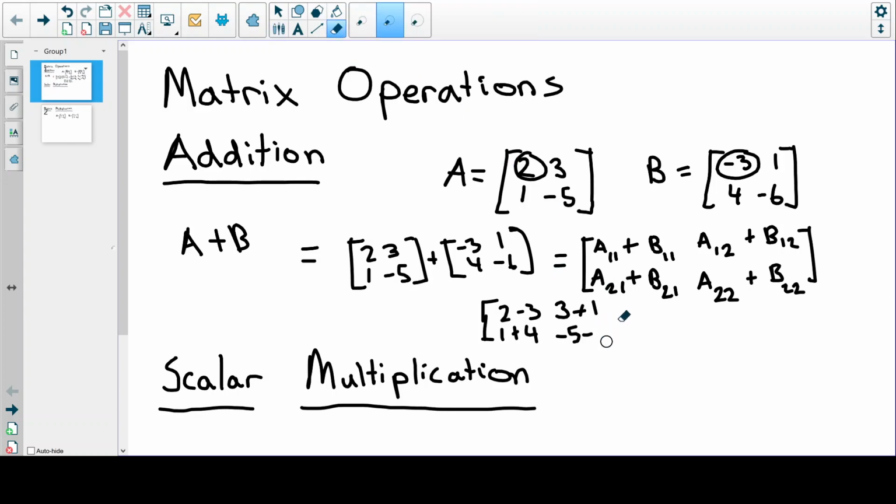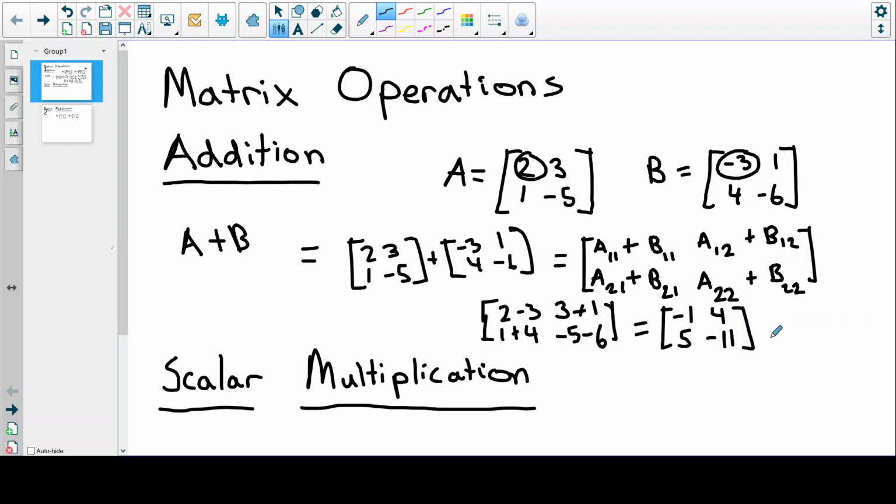So then your final matrix is going to equal -1, 5, 4, and -11. So that's basic addition.